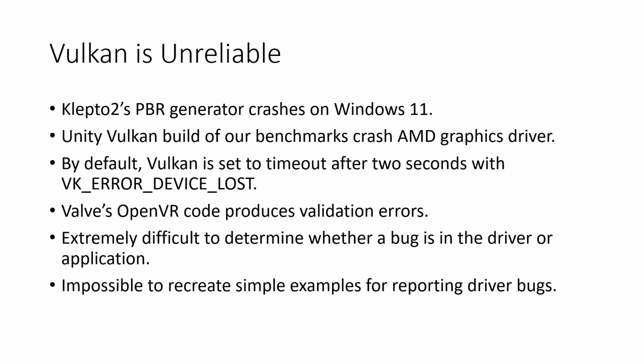This is another really bad thing: if your graphics card takes more than 2 seconds to do anything, Vulkan is going to produce a device lost error. There is a setting in Windows you can set to extend this time limit, but why do we even have to deal with this? We never had to deal with this before.